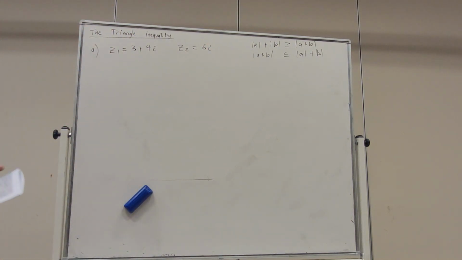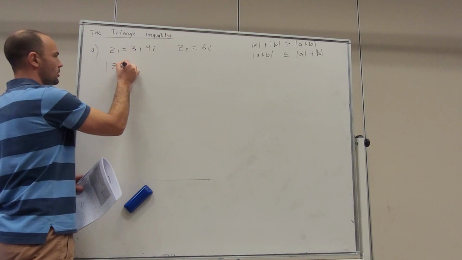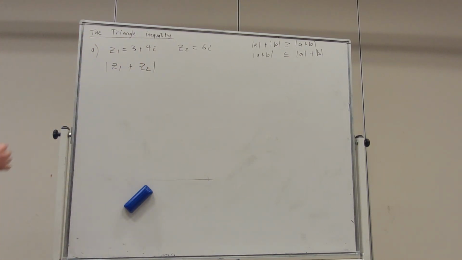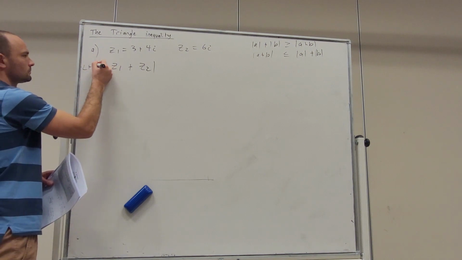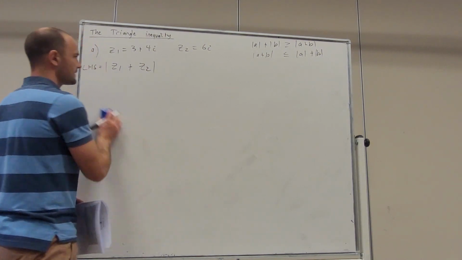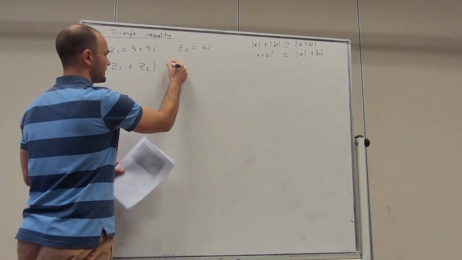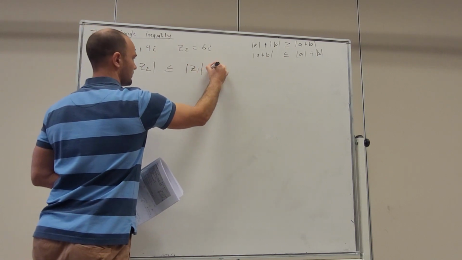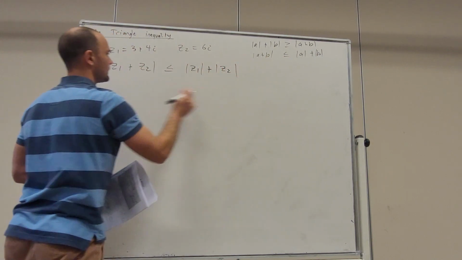All right, so on the left-hand side, we're going to have the modulus of Z1 plus Z2. So how are we going to answer this? Let's start it like this. Let's just say we've got Z1 plus Z2. We need to show that the modulus of Z1 plus Z2 is less than or equal to the modulus of Z1 plus the modulus of Z2.